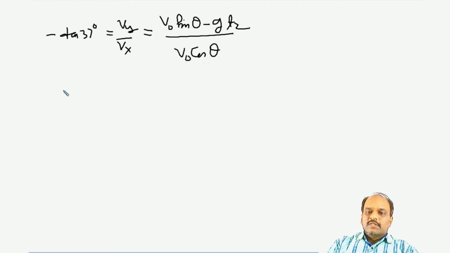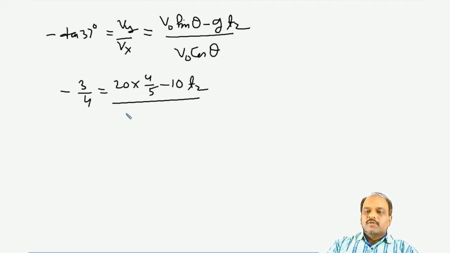So minus 3 by 4 is equal to V0 means 20 sin 53 means 4 by 5 minus g 10 t2 divided by V0 cos theta, which is 20 into cos 53 means 3 by 5. So minus 3 by 4 is equal to 16 minus 10 t2 divided by 12.